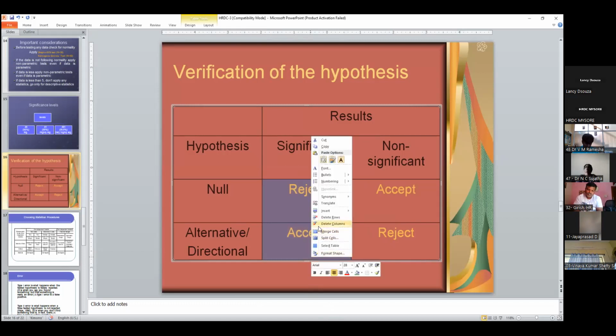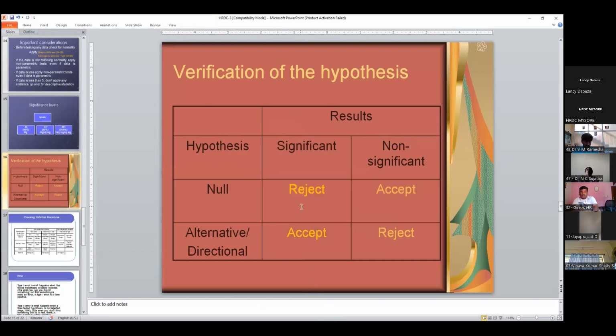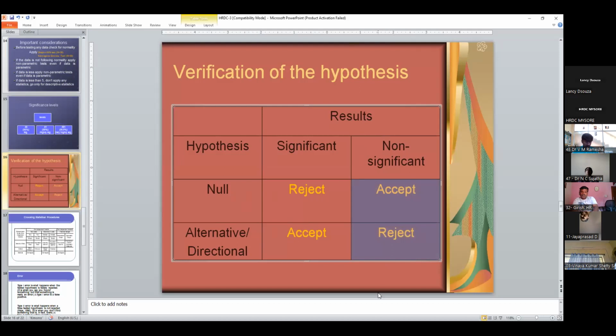But sometimes you will have problems. What is that? Sometimes you are forced to accept the null hypothesis and forced to reject the alternate hypothesis.